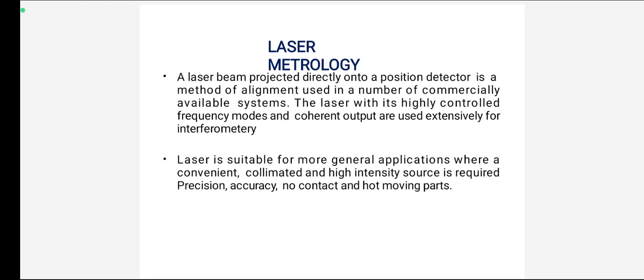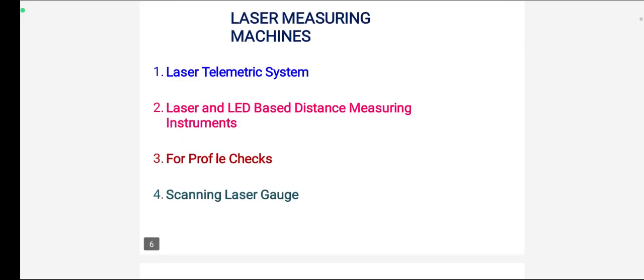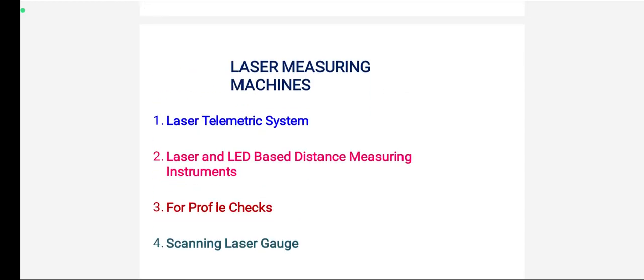Precision, accuracy, no contact and no hard moving parts. Laser measuring machine. So laser measuring machine includes the laser telemetric system and laser and LED based distance measuring instruments.